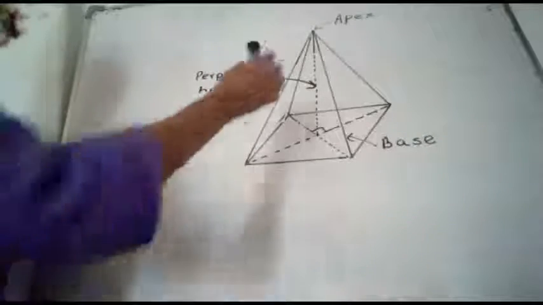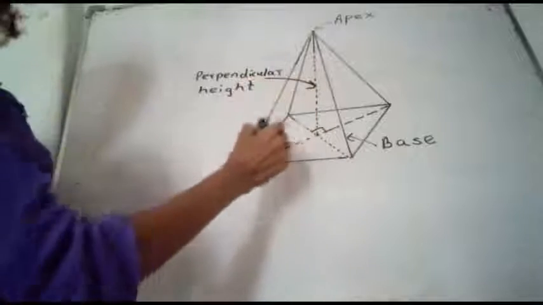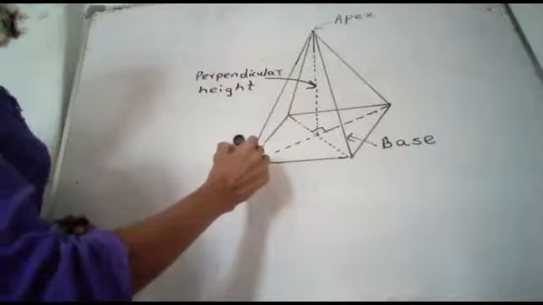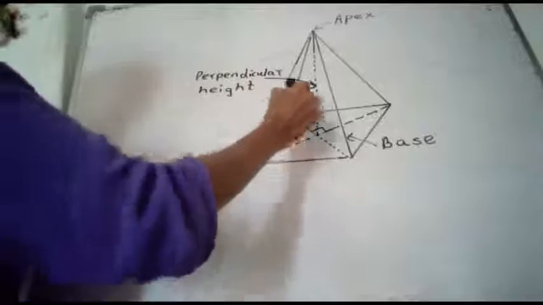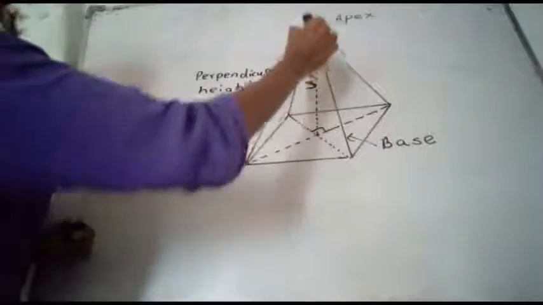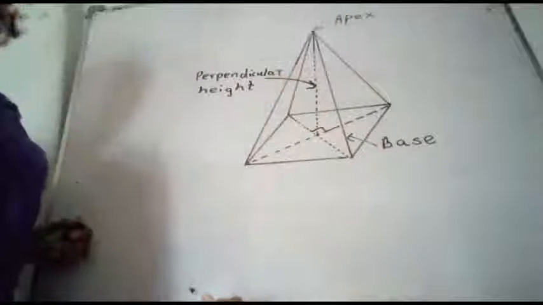This is one triangular surface. One, two, three, four. Four triangular faces.